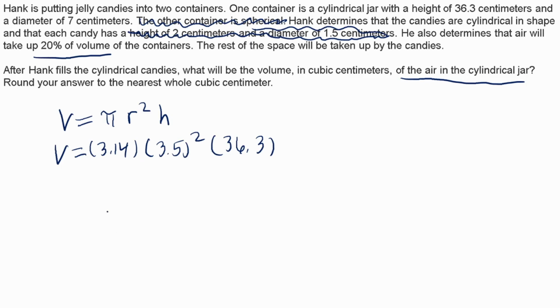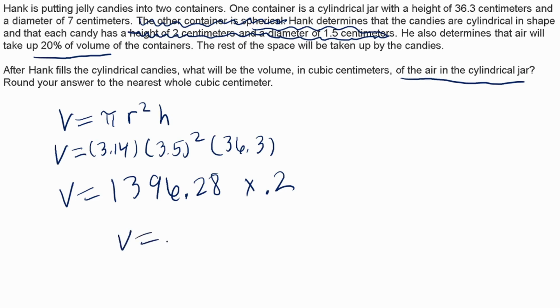And we get the volume of the entire jar is 1,396 point, let's say 28. And what we then need to do is multiply this by 0.2 or 20%.